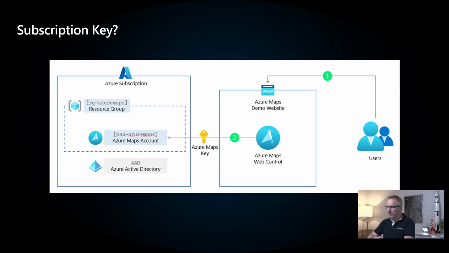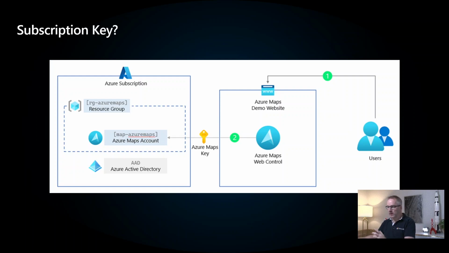But an Azure Maps key may not be really safe, because if you embed that in your HTML and JavaScript code, it will be publicly visible. It's really nice for proof of concept or getting a developer started really quickly, but you don't want to do that in production. So what kind of alternatives do we have for an Azure Maps key?